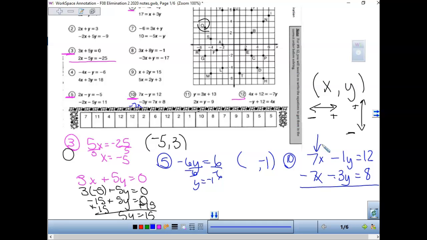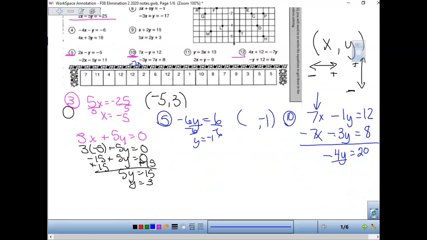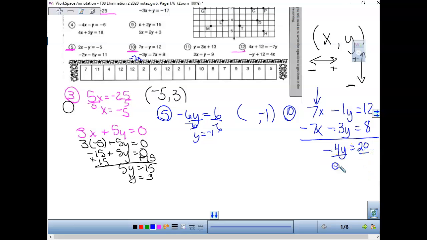Both 7's, one negative. This gives me negative 4y equals 20. I'm going to divide on both sides by negative 4. Positive divided by negative, y equals negative 5. So if you didn't have this one, make sure you write down 10 so you have it. We've got the first part of the solution.